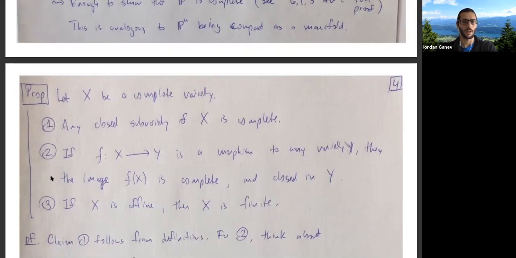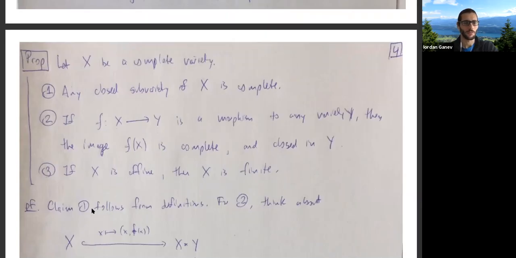Second, if we have a morphism from a complete variety to another variety Y, with no assumptions on Y other than that it's an algebraic variety, then the image is complete and it's closed inside of Y. And finally, if X happens to be affine, in addition to being a complete variety, then X is finite. So the only complete varieties that are affine are finite varieties.